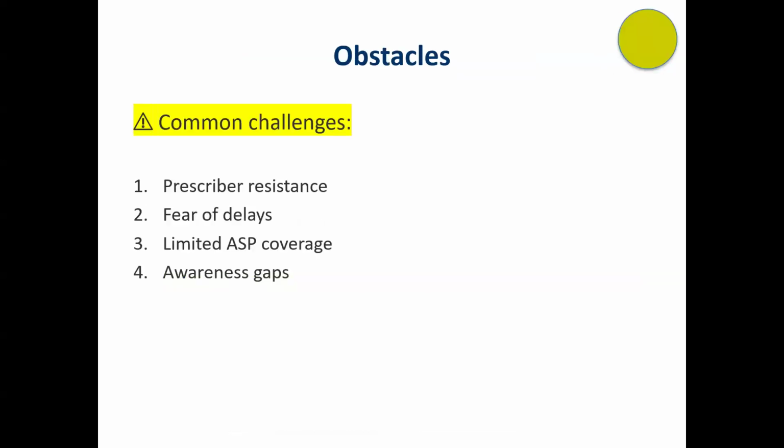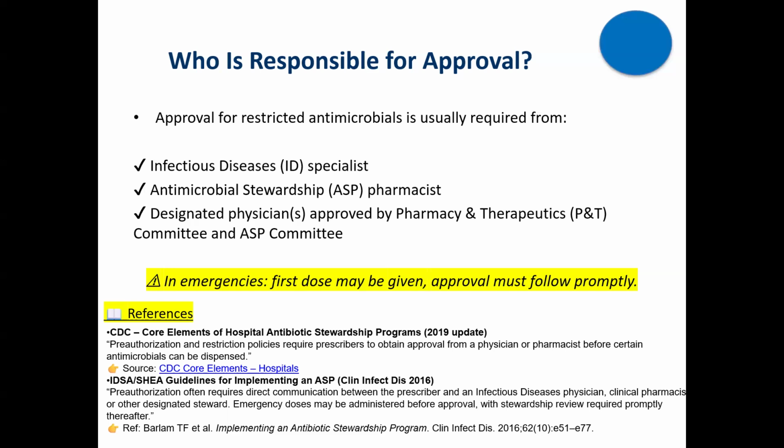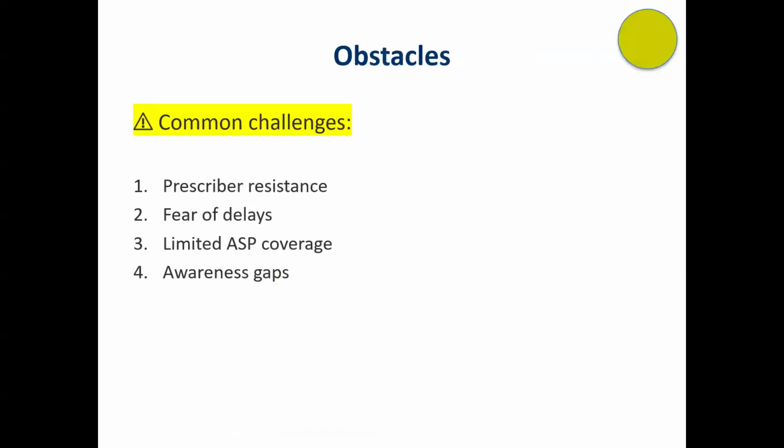So there is a very important point that needs to be addressed, which is the obstacles that we usually face when we are implementing the restriction list. Maybe the prescribers fear that the restricted list will cause delay for the antibiotics to be delivered to their patients.